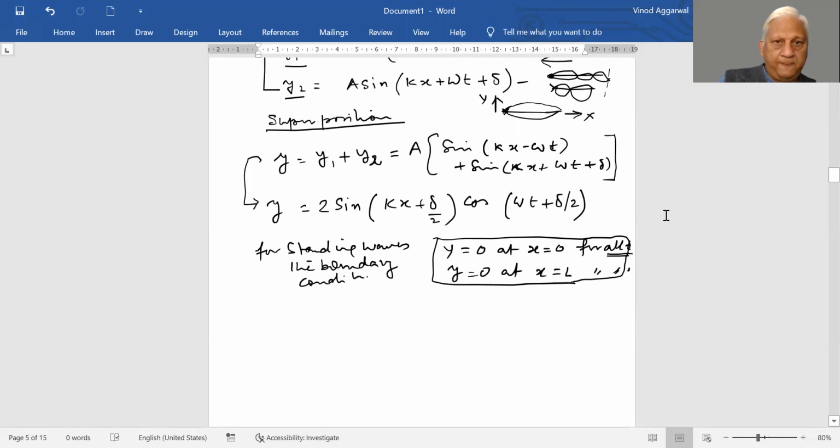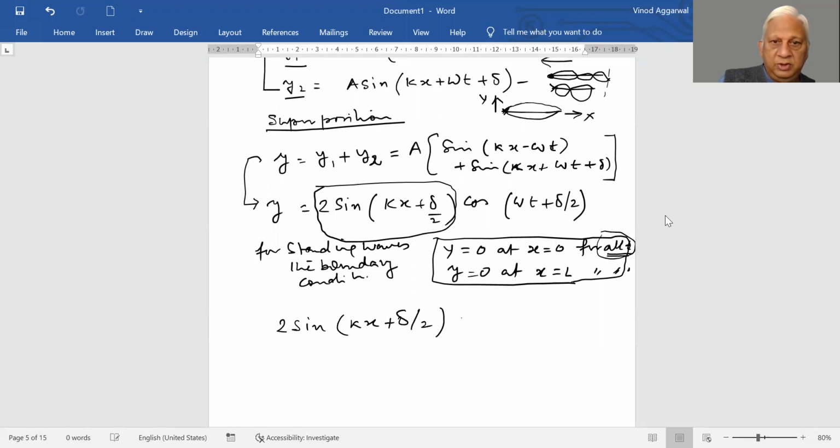Now when we say all times, we take a term which is independent of time, which is this one. So what it will mean is that this should be 0 at all times, right?